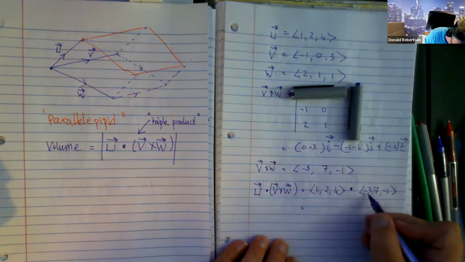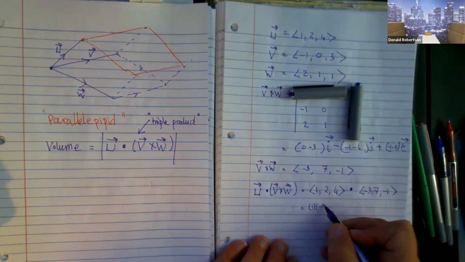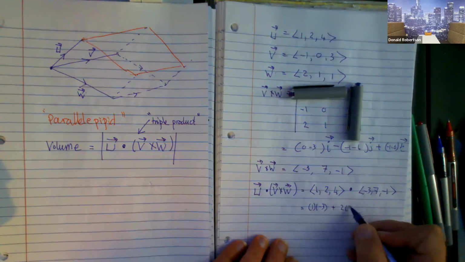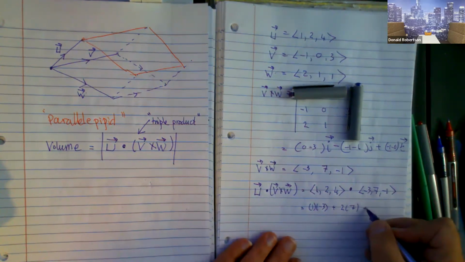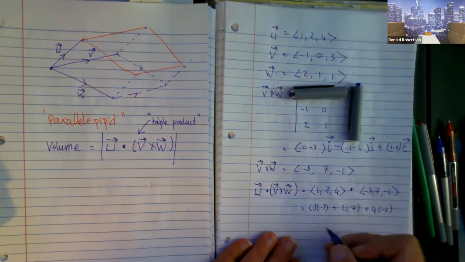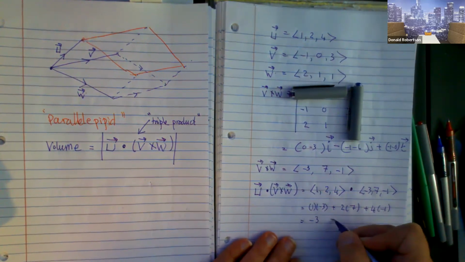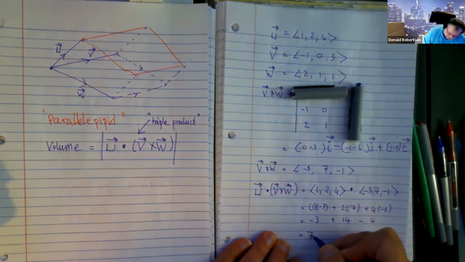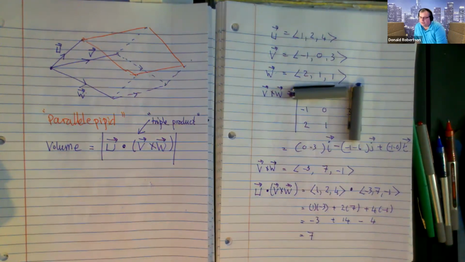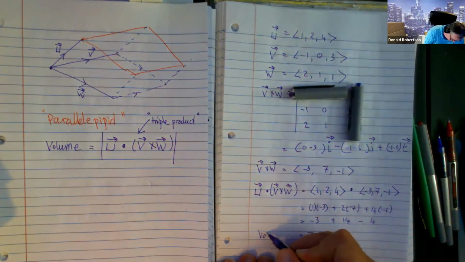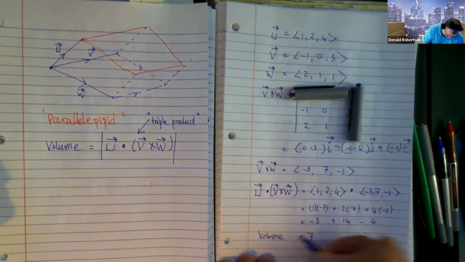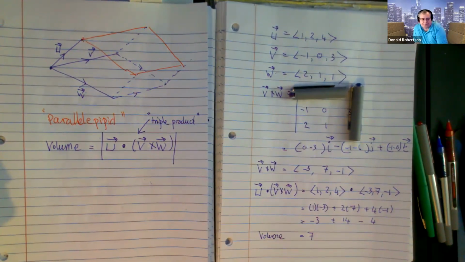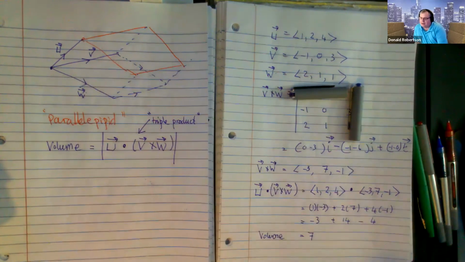And this becomes 1 times -3 plus 2 times 7 plus 4 times -1, which is -3 add 14 take away 4, and the answer is 7. So in this case, I don't worry about the absolute value. Would you agree the answer is just 7? So there is your volume. 7 cubic meters. That thing is 7 cubic meters.